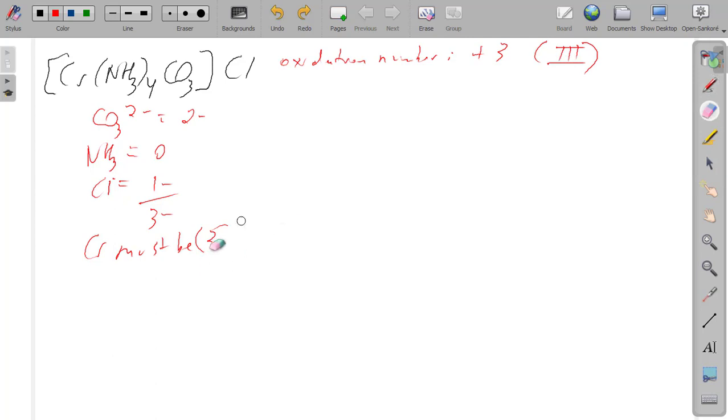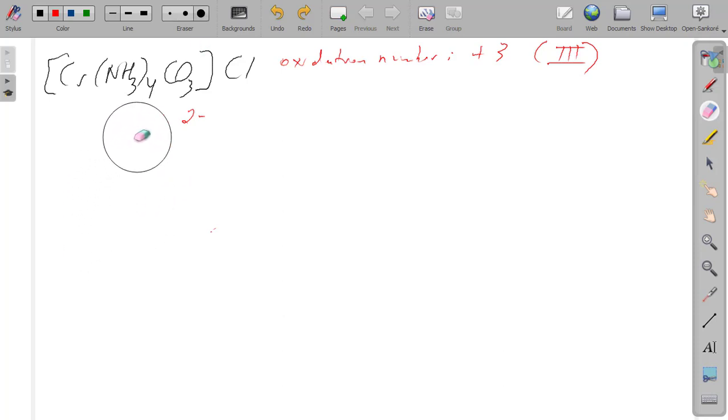All right, so get this out of the way because we need the space here. Now for the name, we've got NH3, which is amine with 2 A's, and there are 4 of them, so that's going to be tetra.